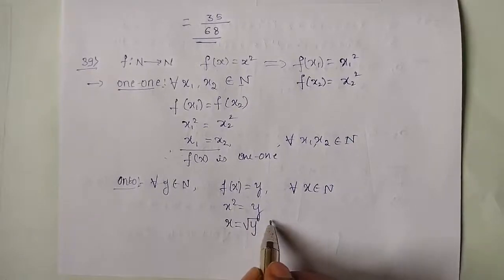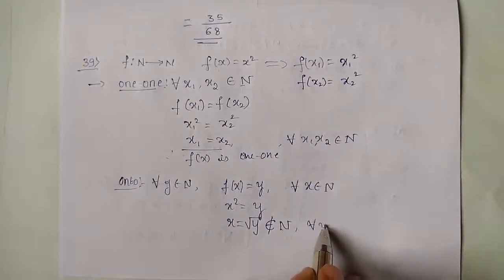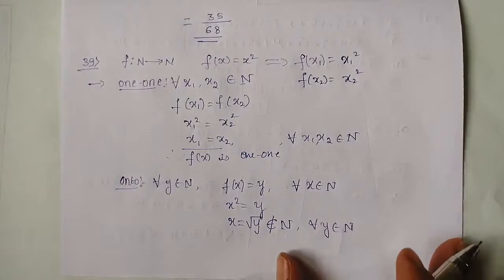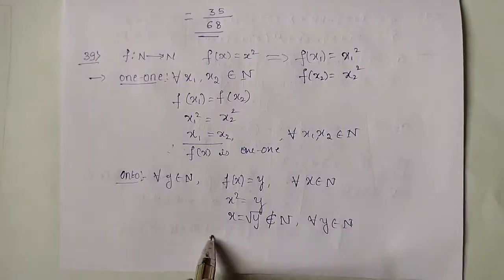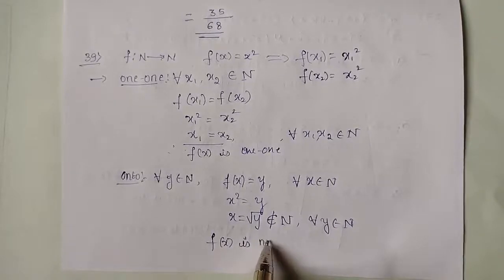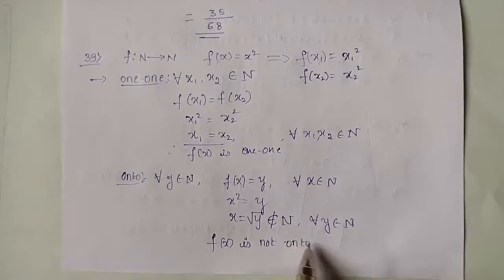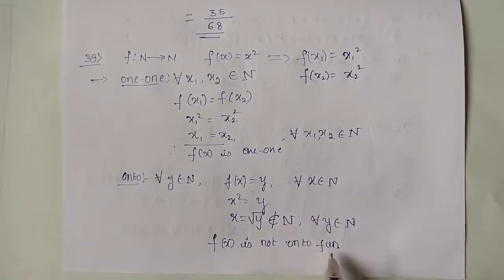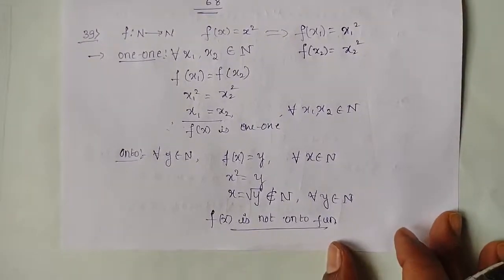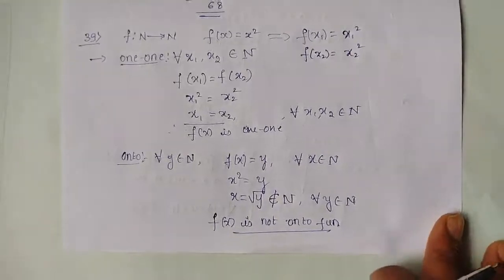This square root of y does not belong to natural numbers for all y belongs to N. Therefore f of x is not an onto function. If you write the solution like this, you will definitely get 5 marks. Clear?